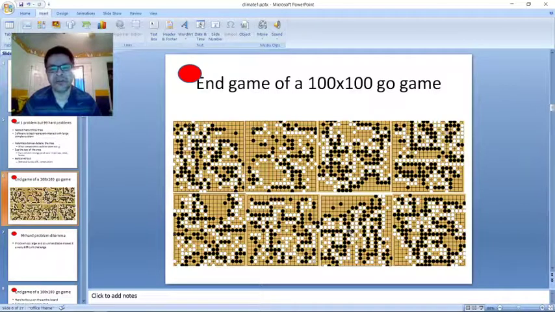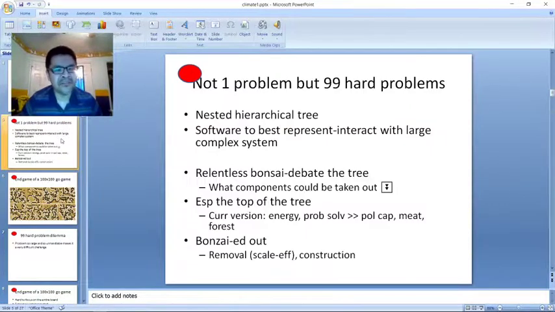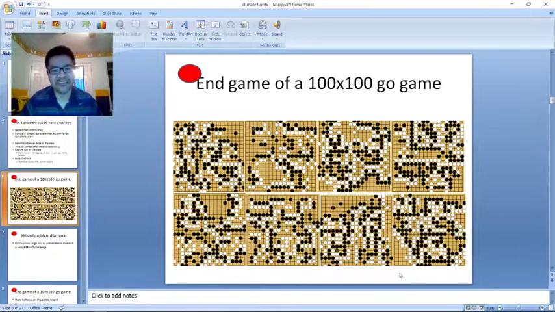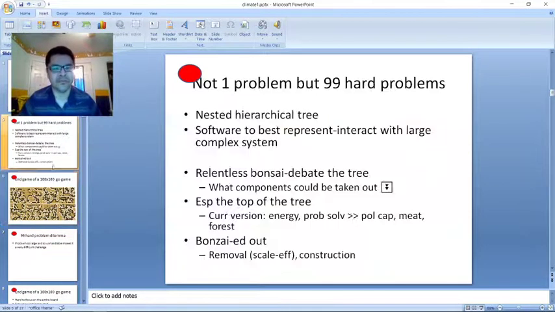But it is all relevant, and one of the ways to deal with this information overload is to relentlessly bonsai the nested hierarchical tree.